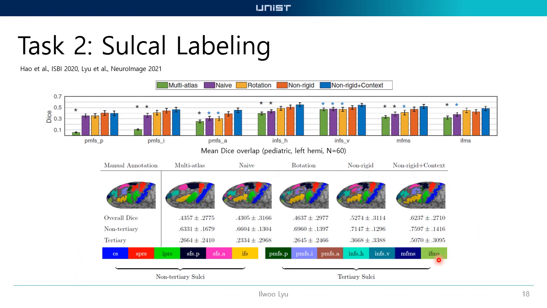And this is a qualitative result for a single sample, just a random sample from the pediatric data, which is the same as in this figure. We can still see the non-tertiary sulci have kind of similar performance across the rotation and non-rigid approaches. But if we look at the tertiary sulci labeling, then our method offers better segmentation results.